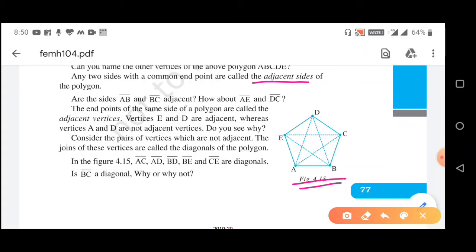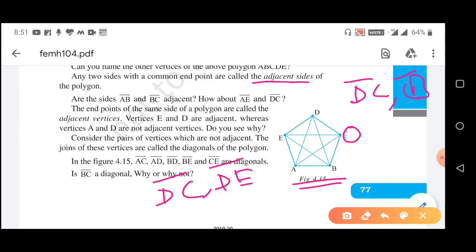So here if we consider DC and CB, they both have a common end point. What is the common end point? Point C. So these are adjacent sides. We can say DC and DE are also adjacent sides because for these two the common end point is point D.